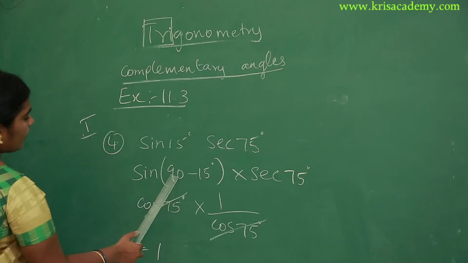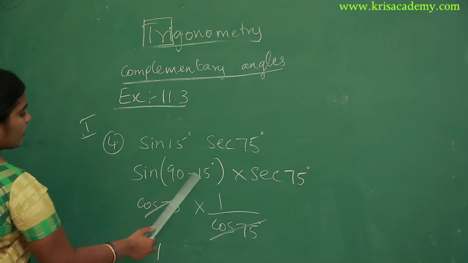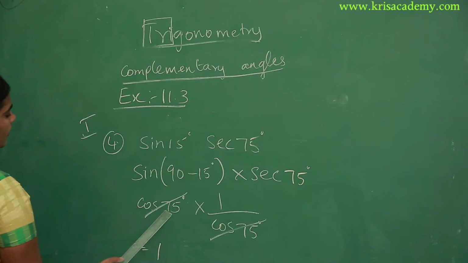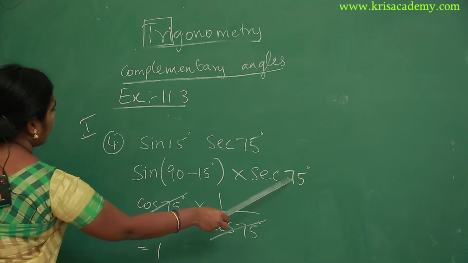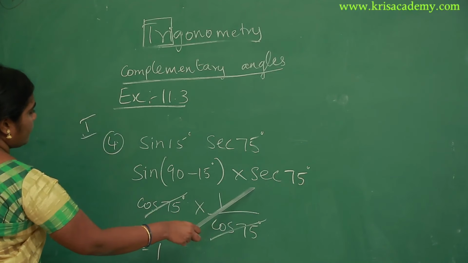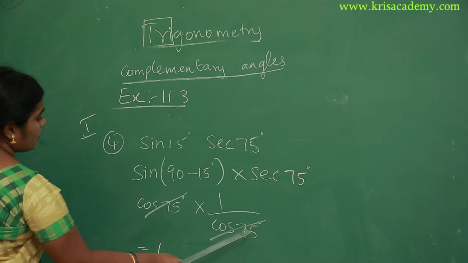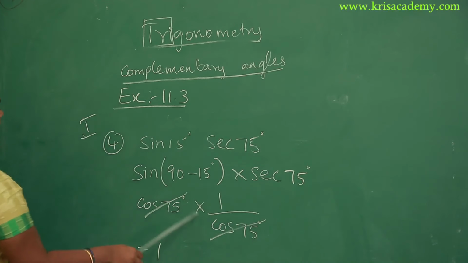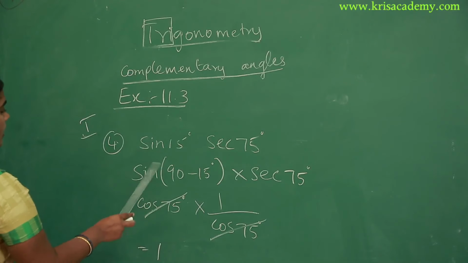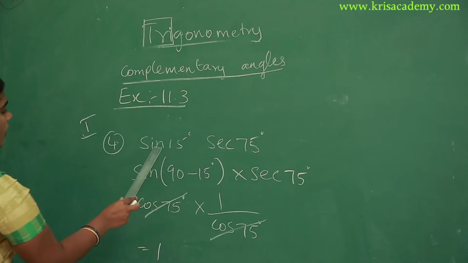Sin 90 complement is cos. 90 minus 15 degrees is 75 degrees. Second one is secant 75. We already know about reciprocal relations. So secant can be written as 1 by cos 75 degrees. Cos 75 degrees, cos 75 degrees will get cancelled. 1 ones are 1.